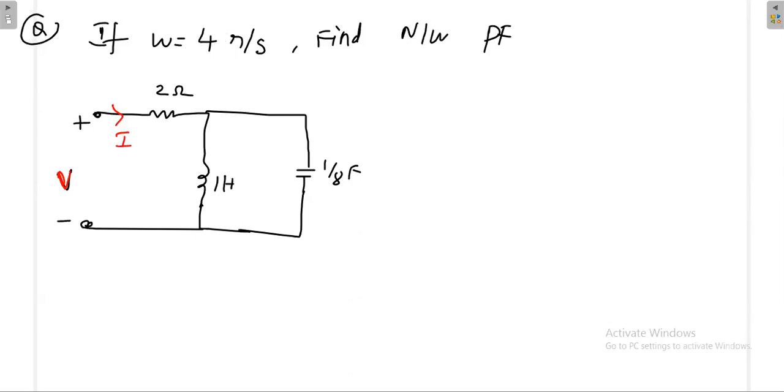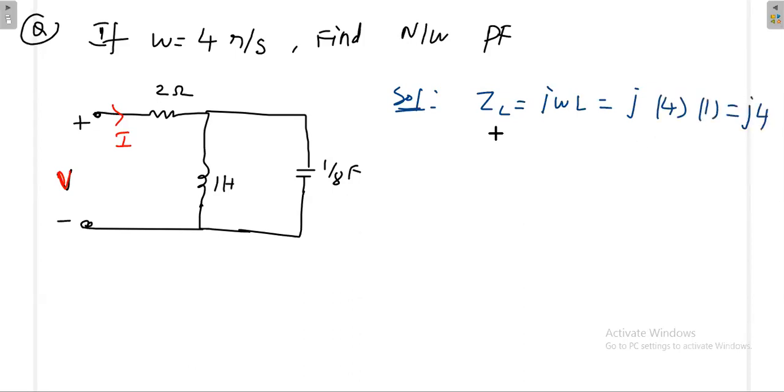They have given omega is equal to 4. Then what is the impedance for the inductor? That is j omega L. So omega is 4, L is 1, so j4. Again, what is the impedance for the capacitance? 1 divided by j omega C, that is 1 divided by j4 times 1 by 8, which gives minus j2.